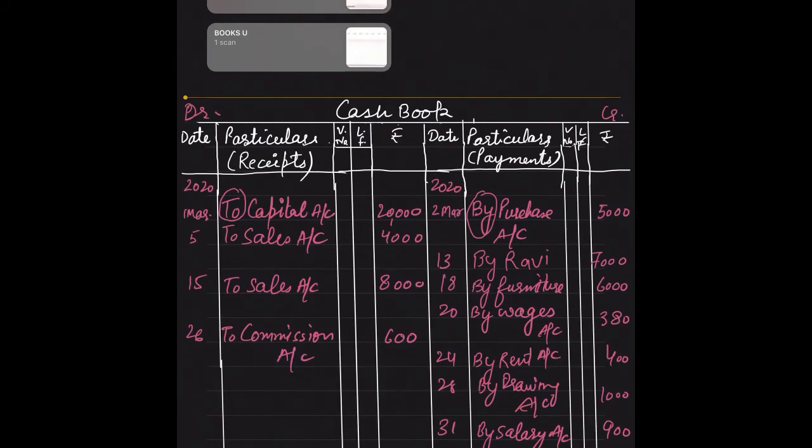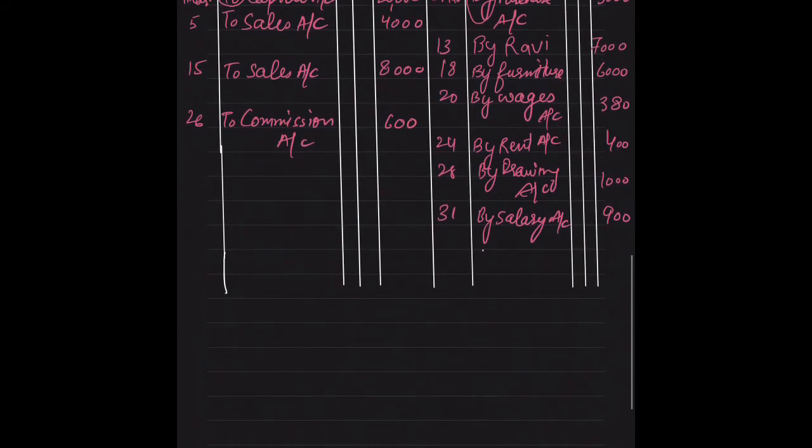We have written all the transactions in the cash book, right? So what we have to do now, we write here total receipts, and here total payments, right?